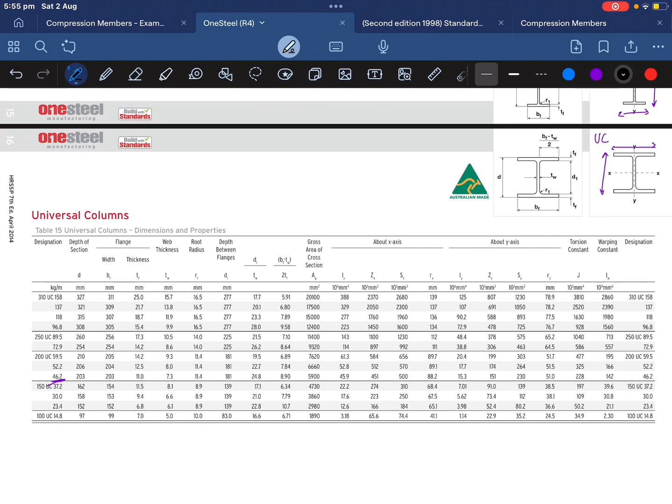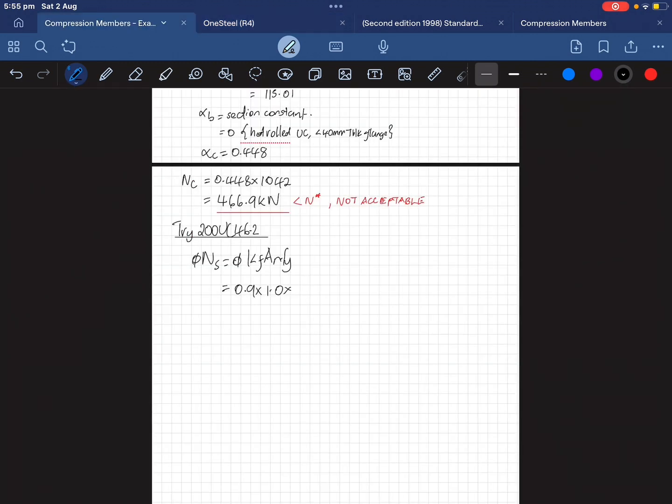So that's 5900 times 300 MPa, which in this case gives you 1593 kilonewtons, and then phi NC equals phi NS alpha c.